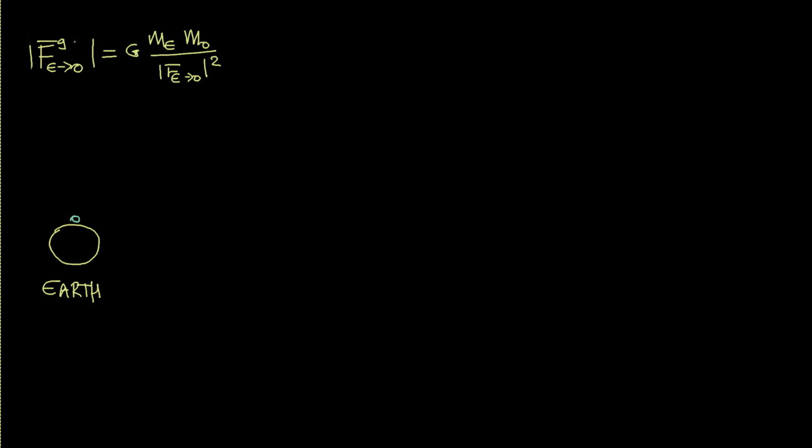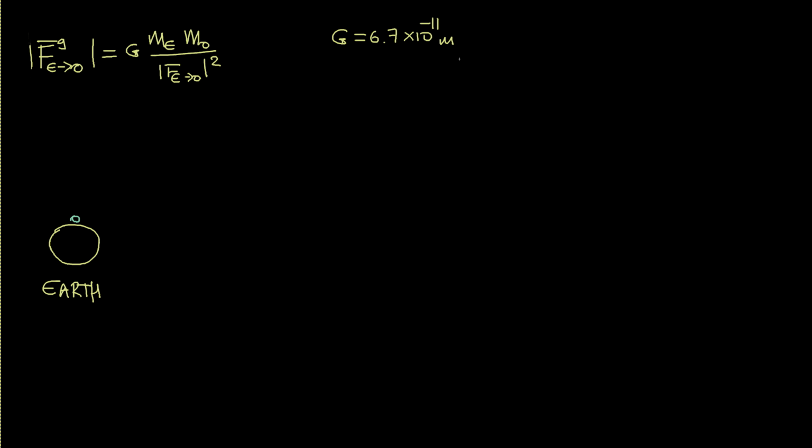Now, the magnitude of the gravitational force the Earth exerts on the object is the constant G, the mass of the Earth, the mass of the object, divided by their distance squared. Now, we have the numbers for the constant G, 6.7 times 10 to the minus 11.